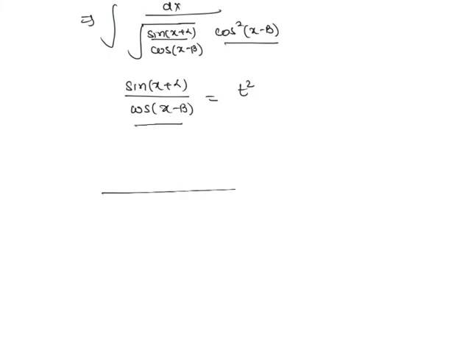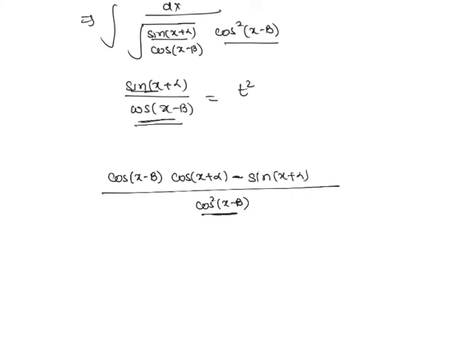The denominator is squared, cos square of x minus beta, then the denominator stays outside, cos of x minus beta, then the numerator differentiation is cos of x plus alpha, minus the numerator as it is, sine of x plus alpha, then the denominator differentiation is minus sine of x minus beta, into dx.